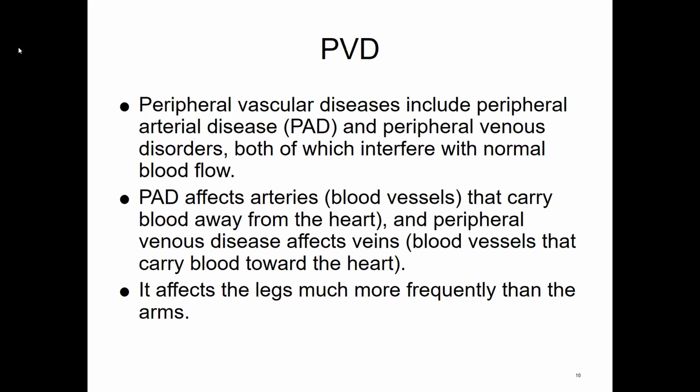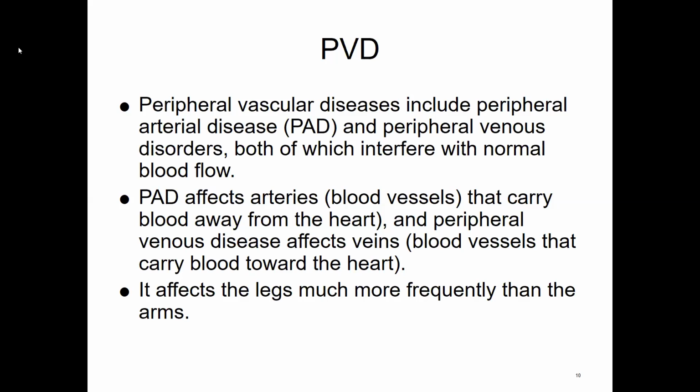Okay, so let's talk about peripheral vascular disease. That includes peripheral arterial disease and peripheral venous disorders. Both of these interfere with normal blood flow. Peripheral arterial disease affects the arteries, the vessels that carry the blood away from the heart.